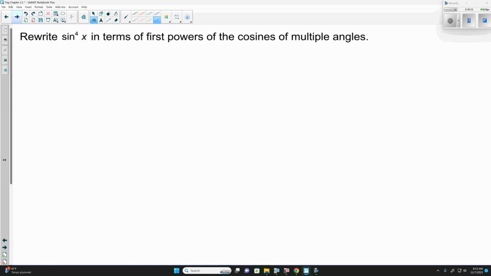All right. Power reducing. Sine to the fourth. We want to reduce it so that the power for this is 1. We don't want to have any powers left here. Now, there are set equations for this.